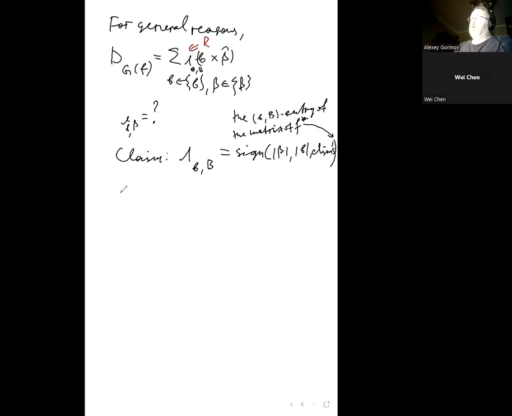Wait, I'm sorry, I got a little bit lost. What does the arrow refer to here? Well, the arrow refers to the fact that I've run out of space.